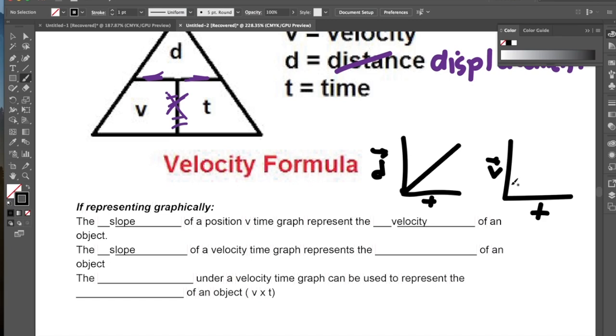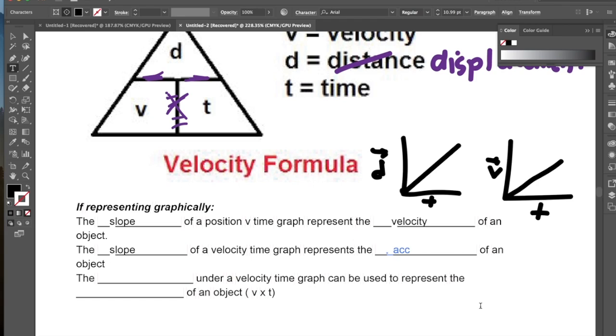If the velocity is changing, we can use the slope of this velocity time graph to represent the acceleration of an object. So the slope of a velocity time graph can represent the acceleration of an object.